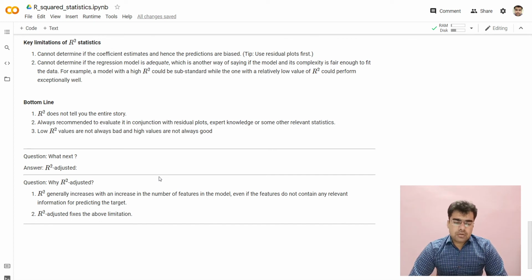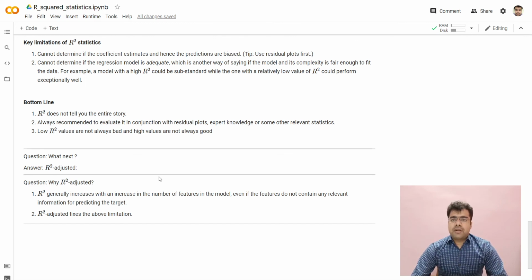If you talk about the R squared metric, it was found that it was sensitive to the total number of features in a model. Those features can be useful to us, or those features may not be useful to us. Irrespective of that, R square was shown to be sensitive to the total number of parameters or features.